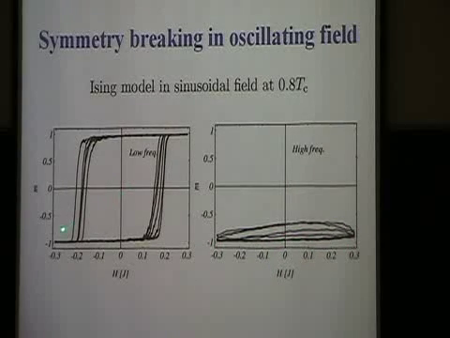At very low frequency, the system can follow the field. This is a sinusoidally varying field, so the field is very weak, the waiting time would be long, and the system essentially sits in its metastable phase until you get to roughly the dynamic spinodal.